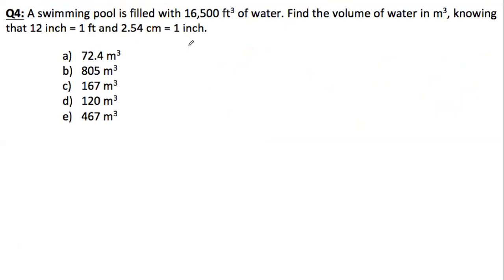So I give you the volume of a swimming pool, 6,500 cubic feet. Okay, this is not 16.5. This is 16,500. If it was 16.5, I would put a dot here.